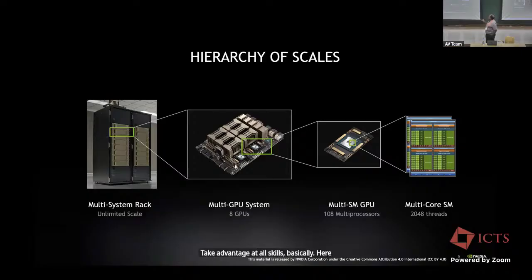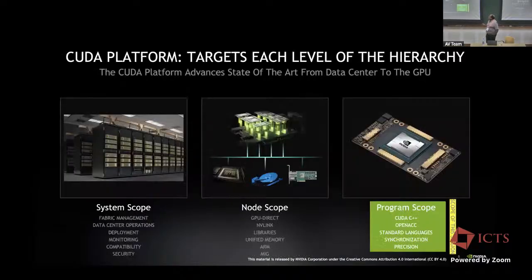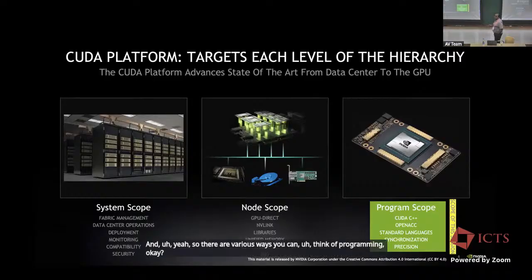Here you take advantage of shared memory. Here you take advantage of a single GPU. Here you take advantage of a single system with faster connectivity. There are various ways you can think of programming. At node scope, there are libraries.